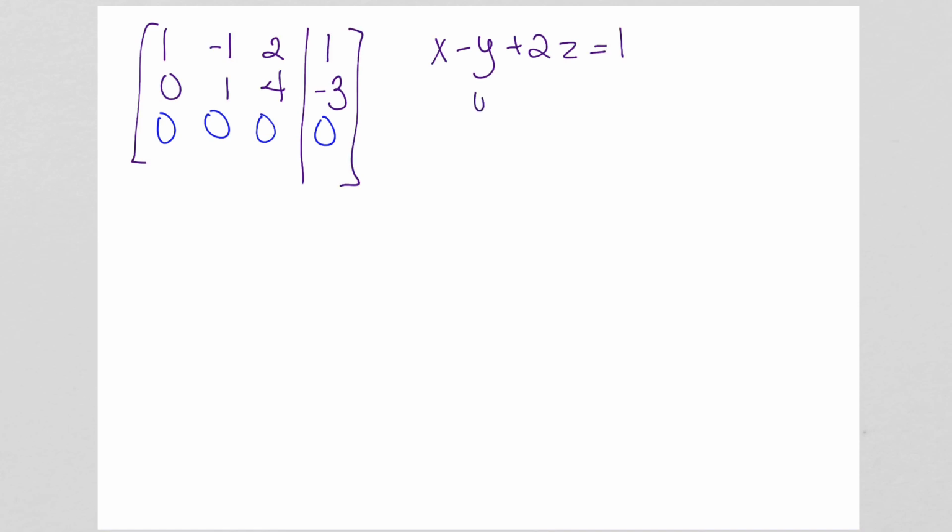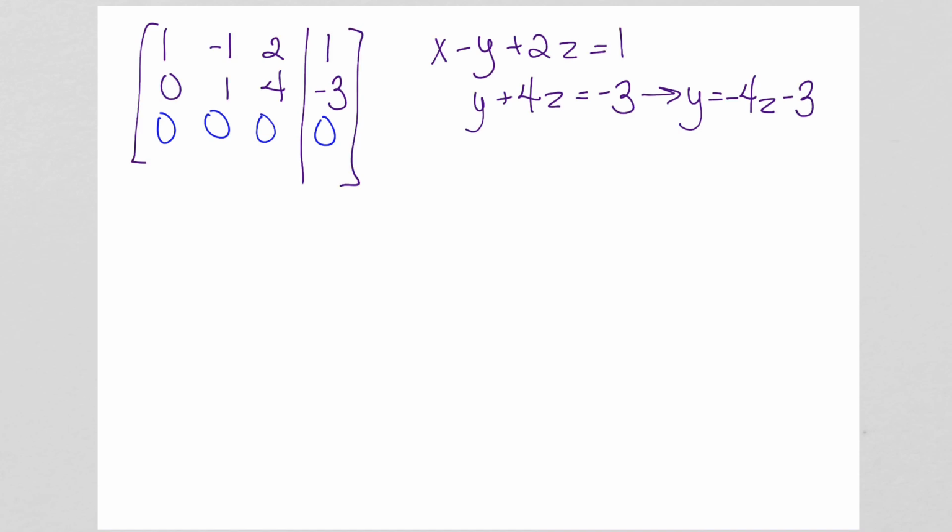And we've got y plus 4z equals negative 3. So we don't have any one thing solved. So what we need to do is pick one of the variables and make it our dependent variable. So what I'm going to do is take this second equation and solve it for y. So we've got negative 4z minus 3.